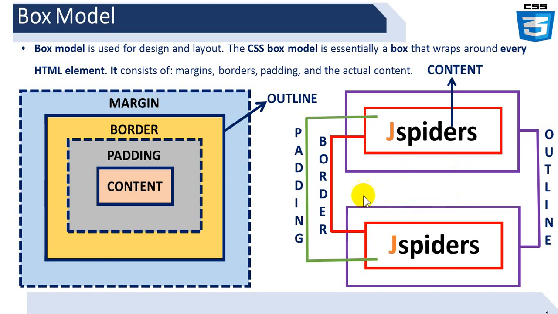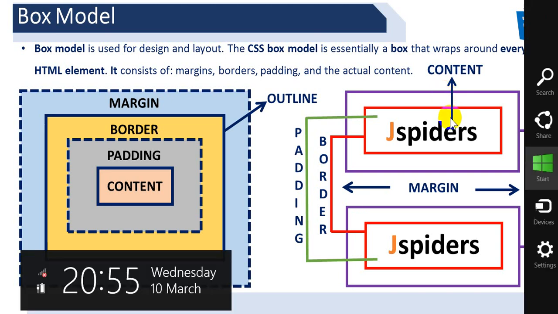We call the space between the two outlines the margin. So this is the box model, guys. Very important, we should remember how to use it. Clear? Now let me go to the execution part.